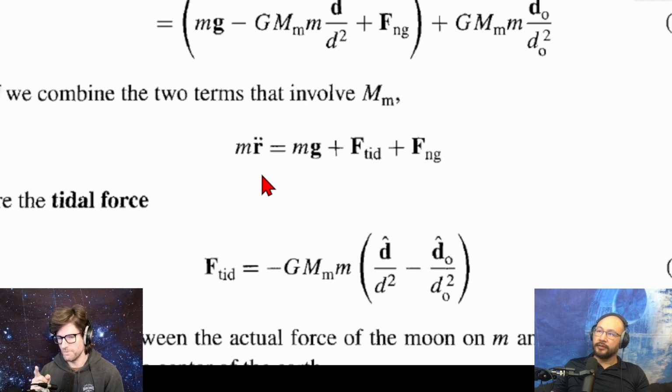If I'm interpreting this right, m r double dot should be 0 because we've already put all of the inertial acceleration that's causing the circular motion into F_tide. So we're standing on the surface of the Earth. The acceleration of a packet of water as we're standing on the surface of the Earth should be 0.